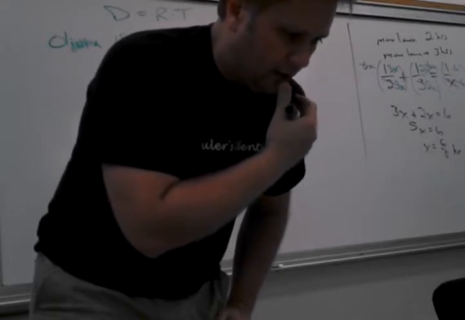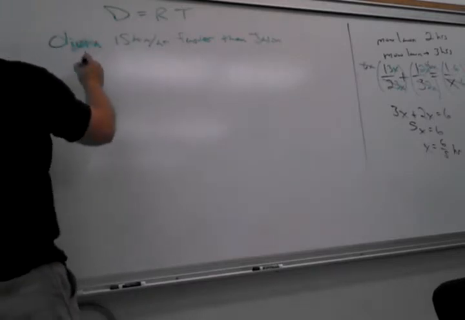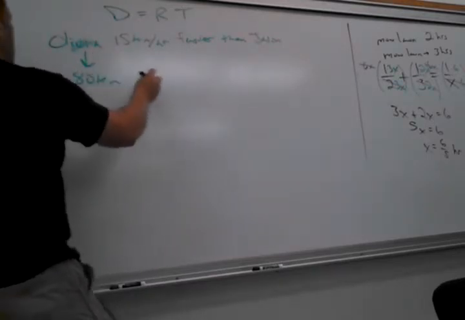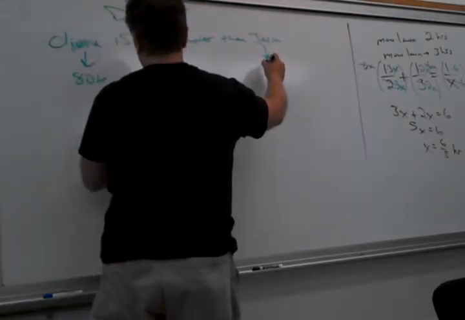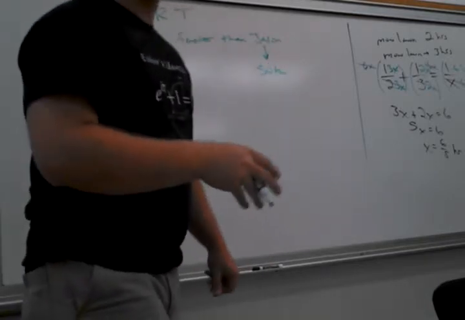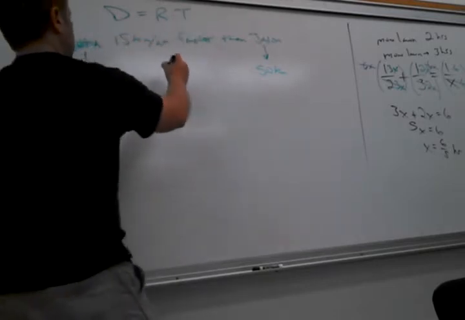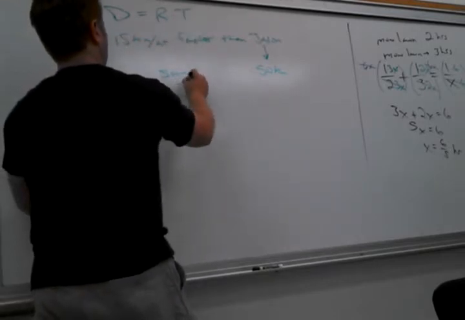And the time it takes Olivia to travel 80 kilometers, Jason travels 50. So she travels 80 kilometers, and at the same time he travels 50. Which makes sense, because she's going faster, she should go further. Right? So this is the same time.